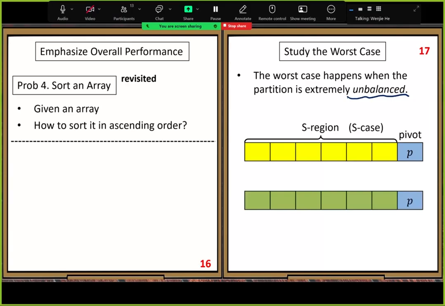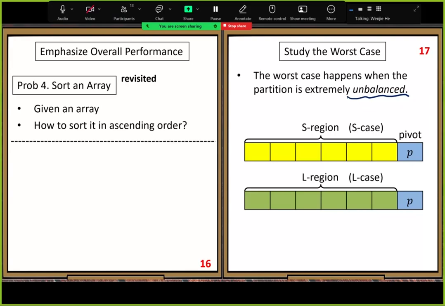In the second extremal case, other than P, all the elements are in green color in the L region, so we call it the L case. These two extremal cases give us the most unbalanced partition result.